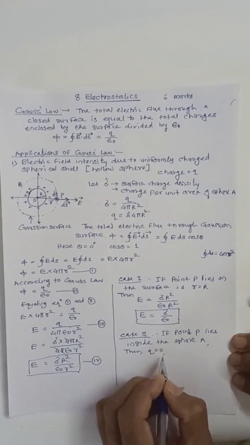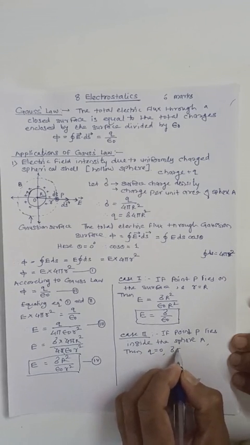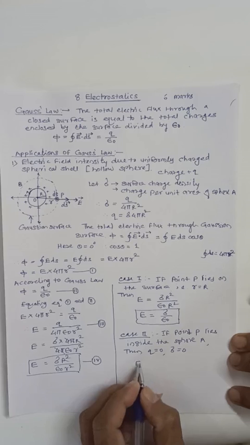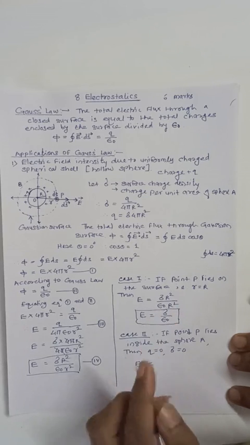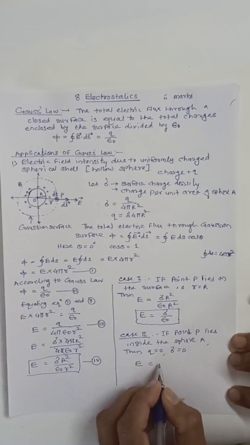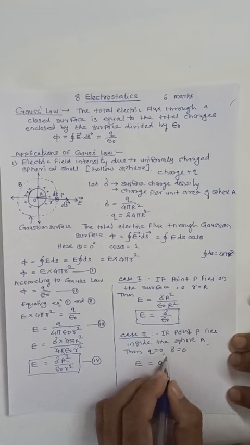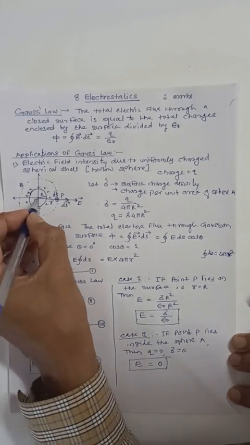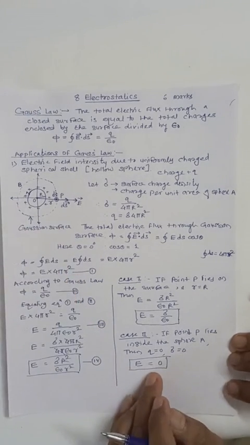Q is equal to 0 means sigma is equal to 0, and therefore the electric field intensity E is equal to 0 upon epsilon 0, which means 0. So the electric field intensity inside the conducting sphere is always 0.